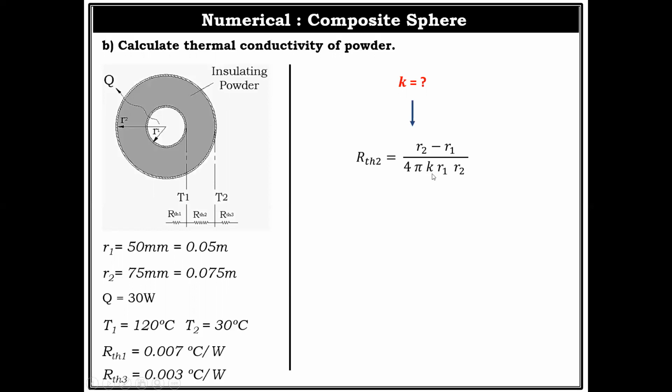If we want to find the value of K, we must know R thermal 2. Now, how to calculate R thermal 2? R thermal 2 appears in the formula of total resistance.